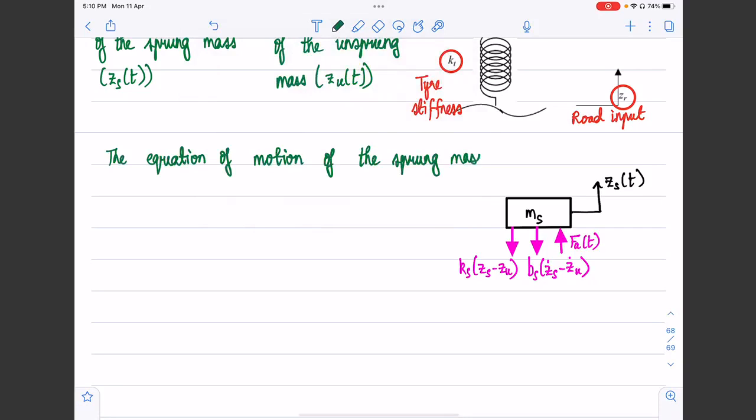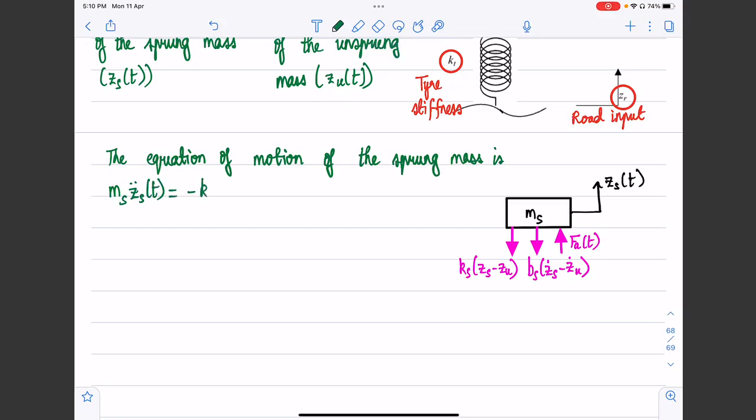The equation of motion of the sprung mass is: ms times Zs double dot (t) is going to be equal to the net force. Mass times acceleration equals the net force acting on this mass, right?